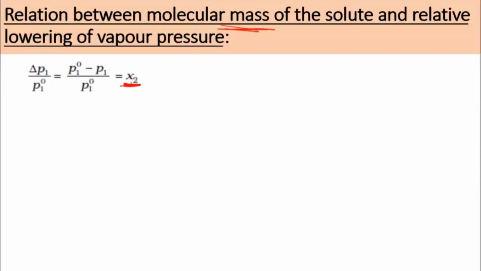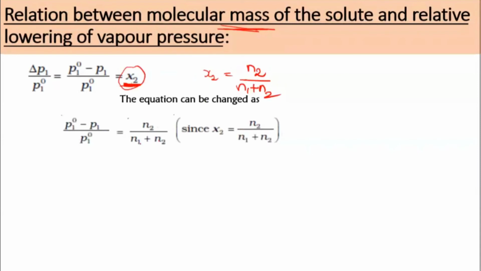Now X2 I can write as the number of moles of the solute divided by the total number of moles of all the components. So we are just changing X2 and writing it in terms of N2 divided by N1 plus N2.